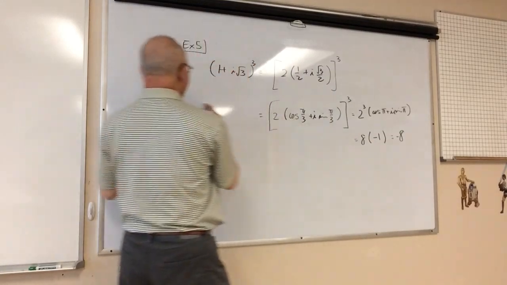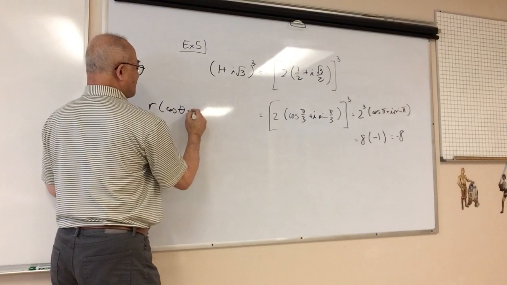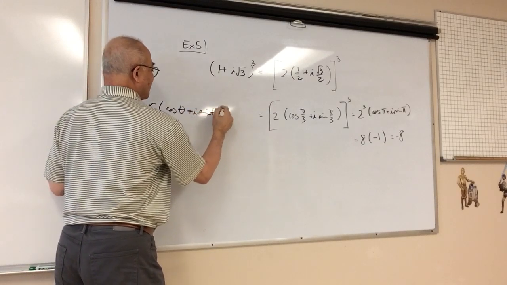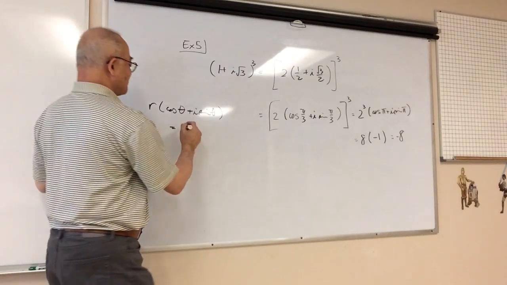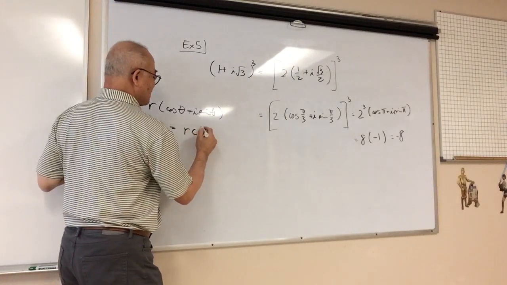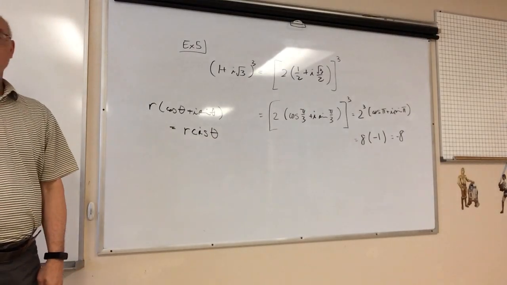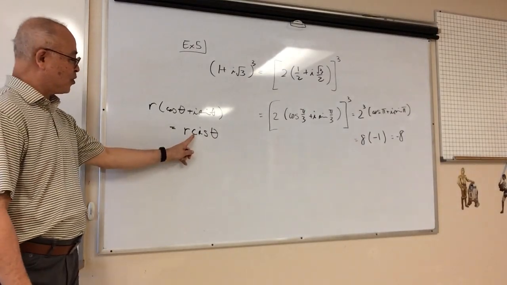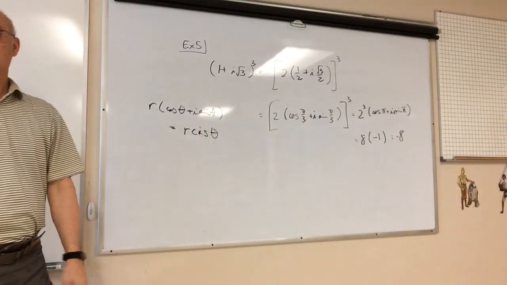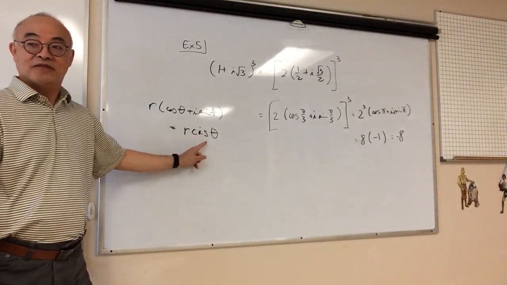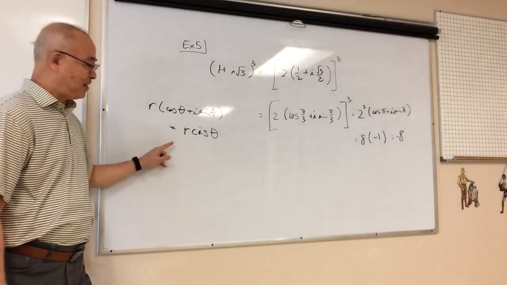So commonly, r cosine theta plus i sine theta is written as r cis theta. CIS. Everybody see that? Okay, all right.